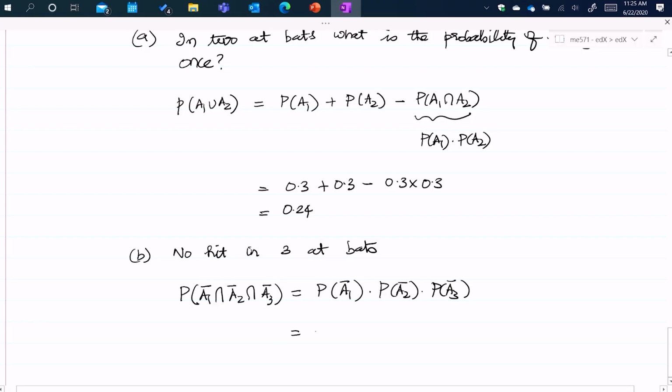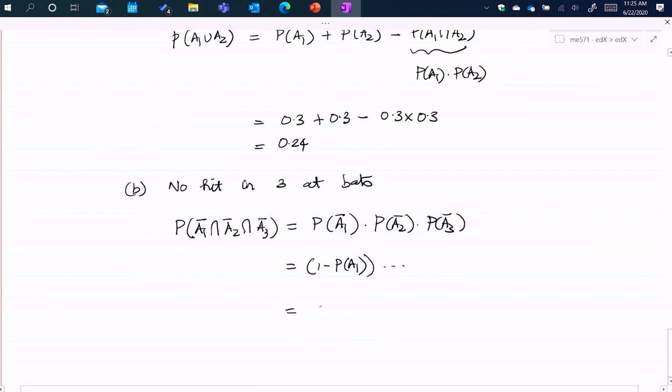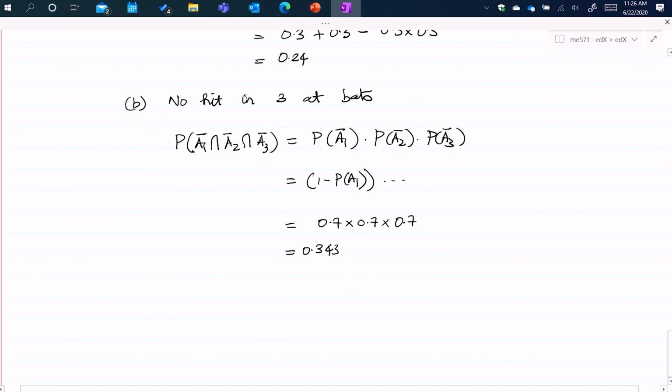Each of these is 1 minus probability of A1, and so on. So we can write this as 0.7 times 0.7 times 0.7, which is equal to 0.343. That's the probability that the player would not hit in 3 at-bats.